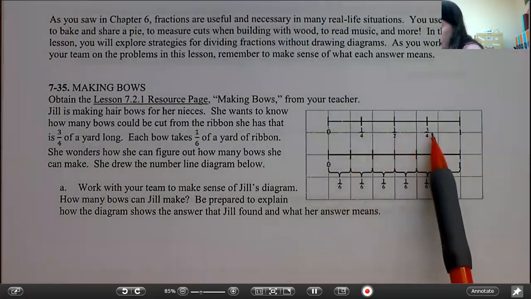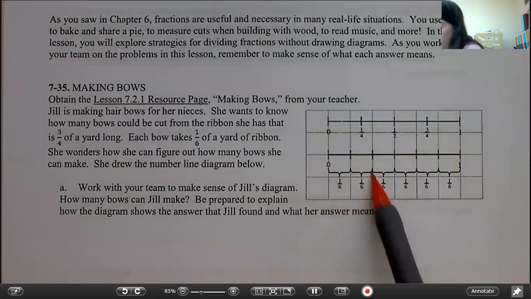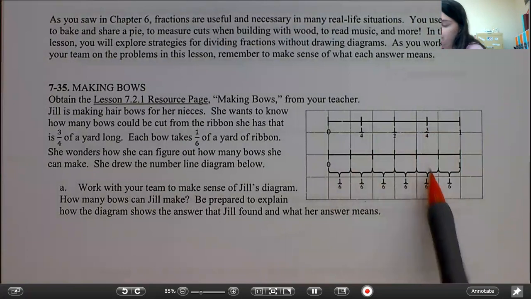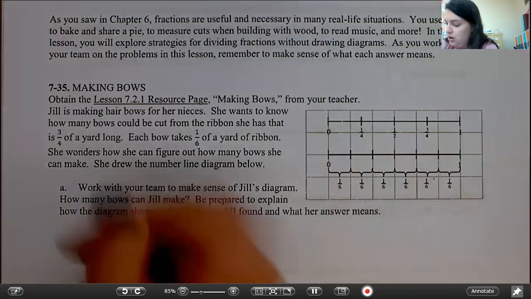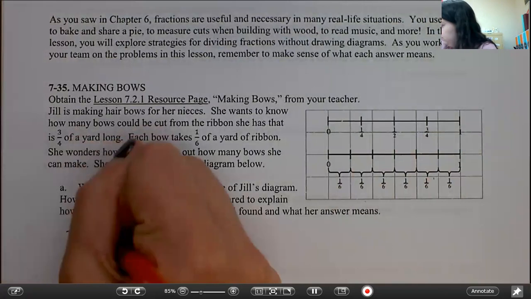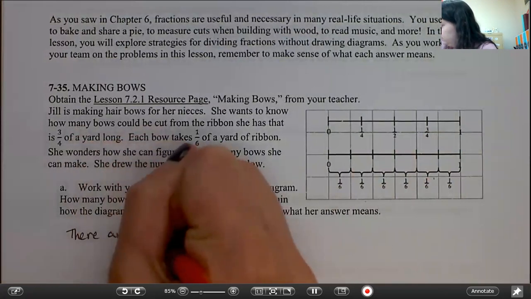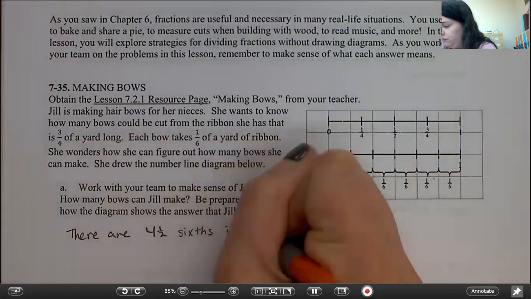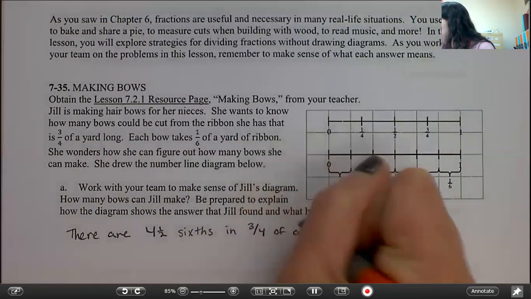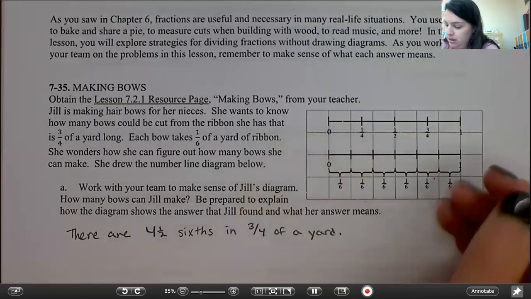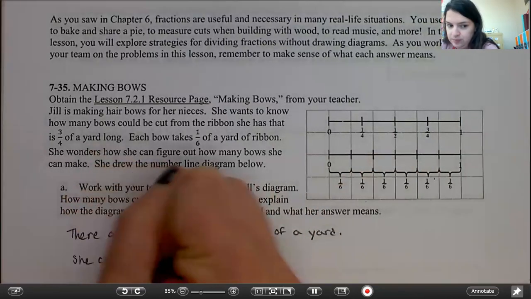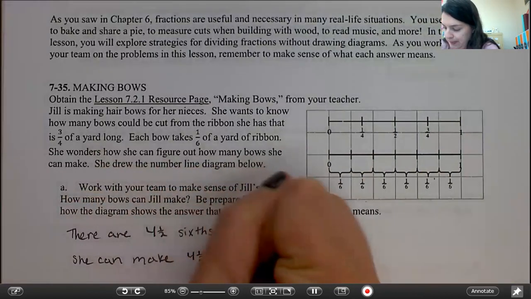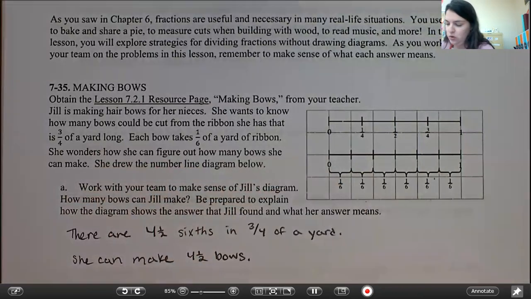So in 3/4 of a yard, there's 1, 2, 3, 4, 4.5, because here's the half, 6. So that means she can make 4.5 bows.